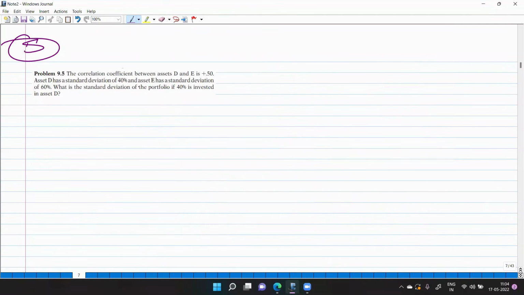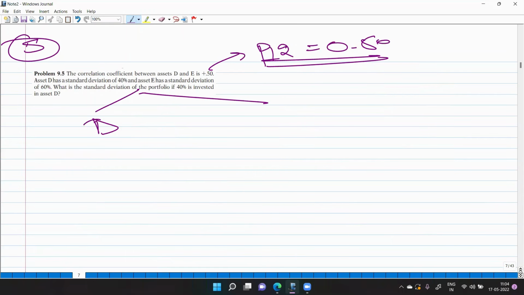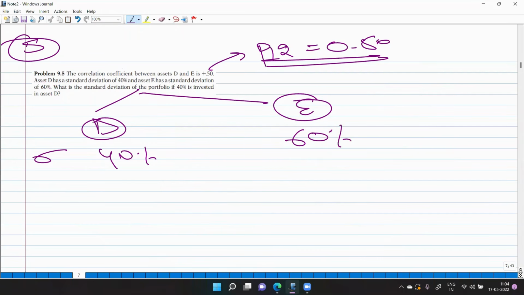Fifth question. The correlation coefficient, that is P12, is 0.50. Asset D and asset E. Asset D has a standard deviation of 40% and E has 60%. Weights have been given to me: 40% I have invested in this and 60% in this.